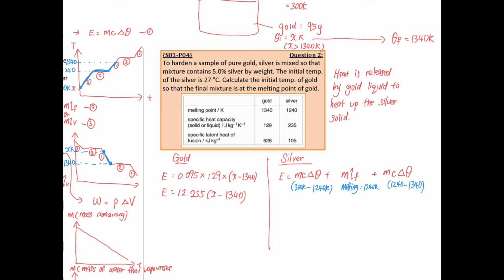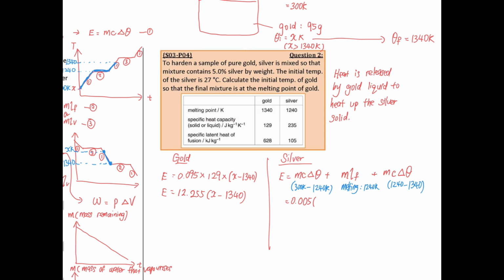Okay, so we have to substitute values. For the mass of silver, I set 5 gram. 5 gram divided by 1000 is 0.005.